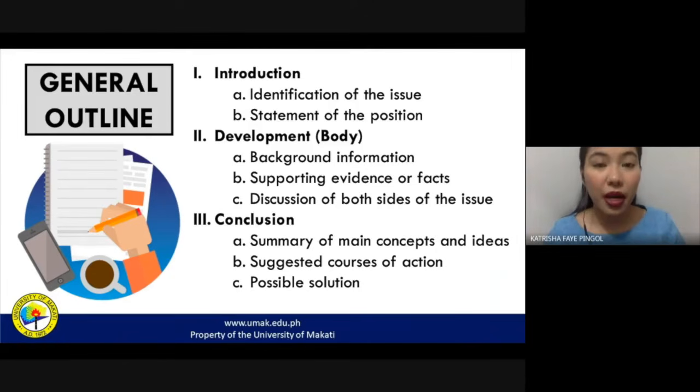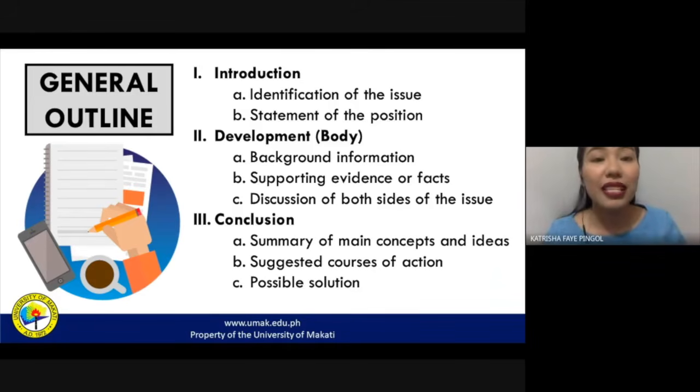For the second part of your essay, your development or the body of your essay, you need to make sure that you, of course, first provide background information. What is the topic all about? Or what is the issue all about? Why did it become an issue in the first place? Or why do people argue about it in the first place? Okay, so you can include that in your body. And then, of course, discuss your own stand, your own viewpoint.